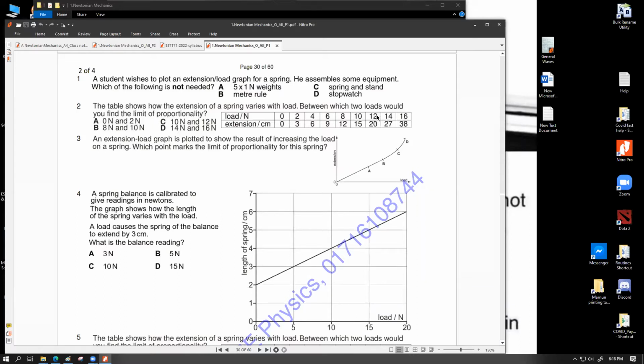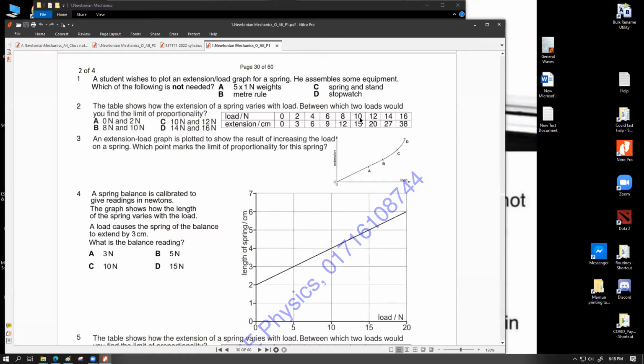But over here, you have a change of that ratio. This ratio is 3:5. Which means up till this point, we have a fixed ratio between load and extension, so up till this 10 Newton value, we essentially had a proportional relationship between the load and the extension. But after the 10 Newton applied force, the load and extension are not proportional anymore because the ratio changed. So this proves that the limit of proportionality must exist between these two values.